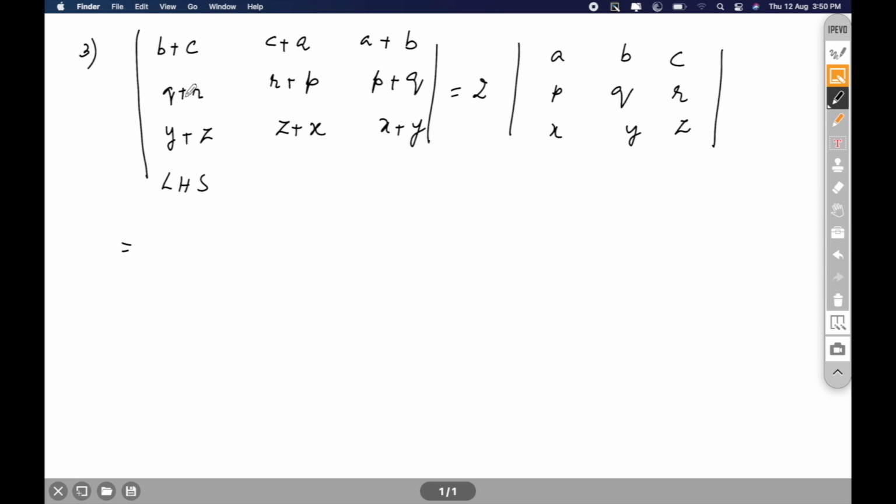Now see here, if I change column 1 elements, column 1 changes to column 1 plus column 2 plus column 3. When I am changing column 1, remember we have to add sidewise, means this column added to this column and this column.